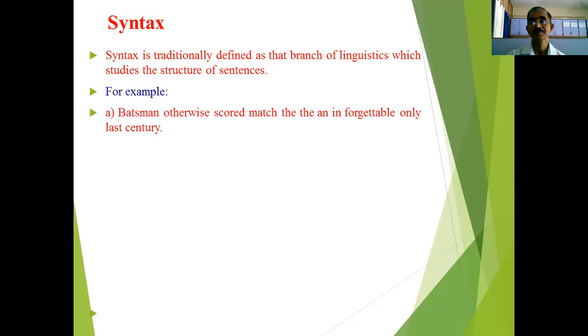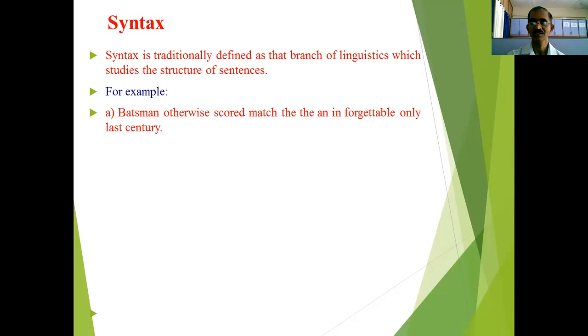For example, look at the first example in A. Can you understand it? Now I read it out: Batsman, otherwise, code, match, the, and, in, forgettable, only, last century.